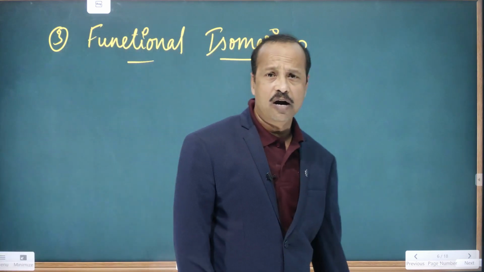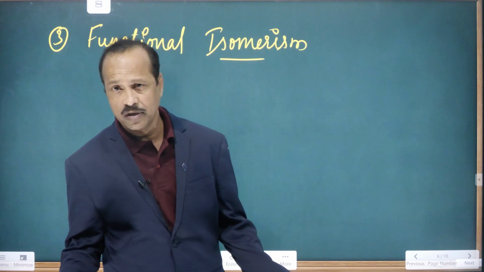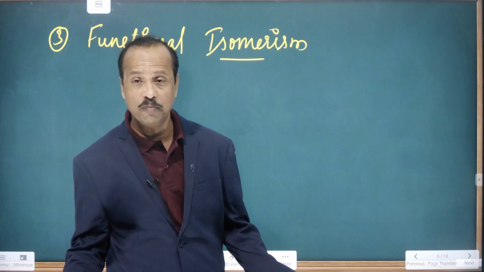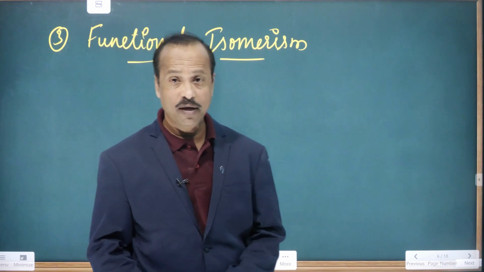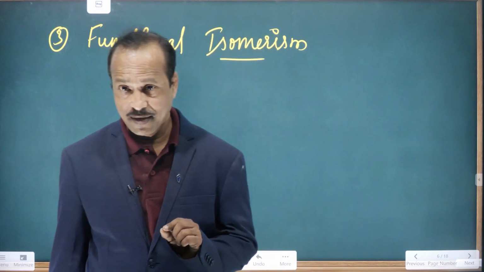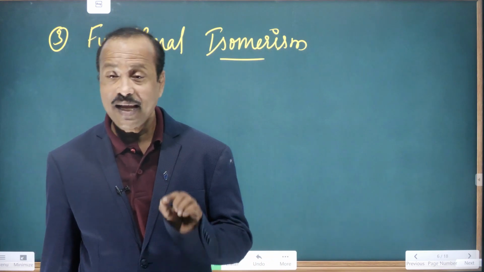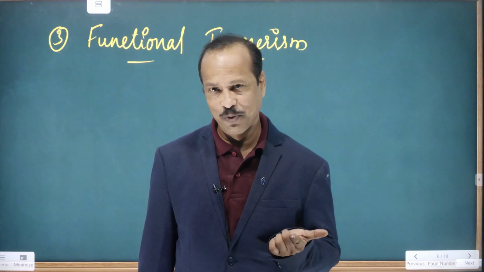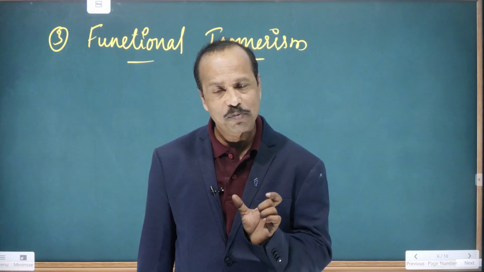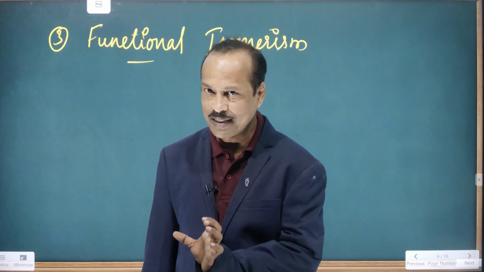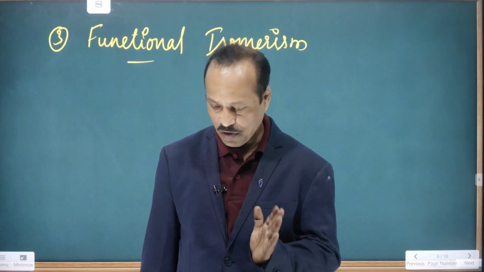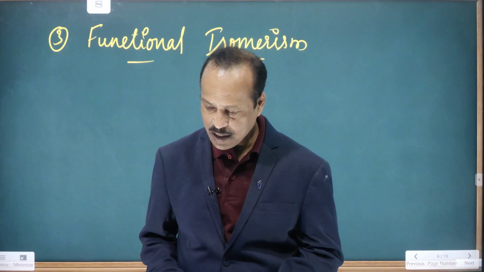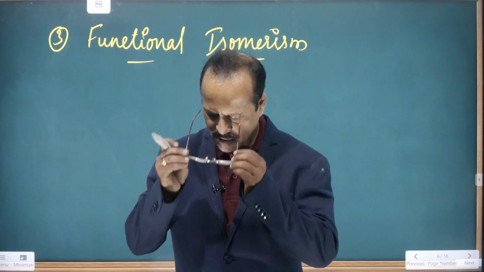Same definition: compounds having the same molecular formula, but it differs in functional group. Such compounds are called functional isomers, and the phenomenon is called functional isomerism. See in your material what definition is given.